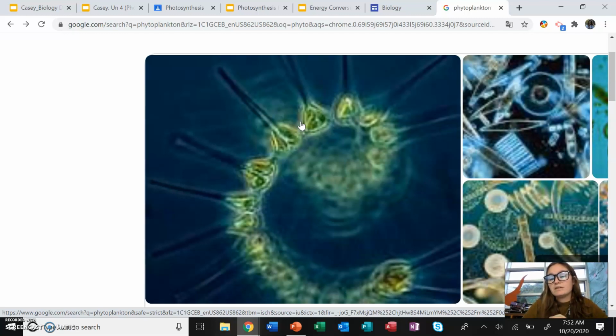They're super tiny, really fascinating, but they produce way more oxygen. And if we ever were to damage our ecosystems in the ocean, that would be really bad, because they could be affected very easily, and that would diminish the amount of oxygen that we have available to survive, to breathe. Moral of the story, take care of the environment.